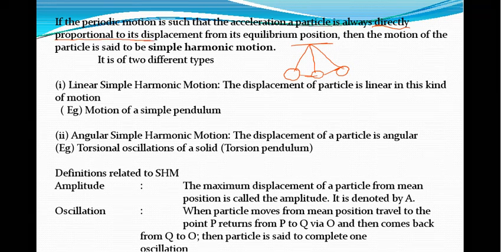The equilibrium position is nothing but the mean position, that is this position, the equilibrium position of this bob, right? So this kind of motion is said to be simple harmonic motion.